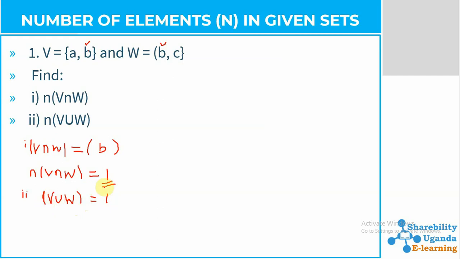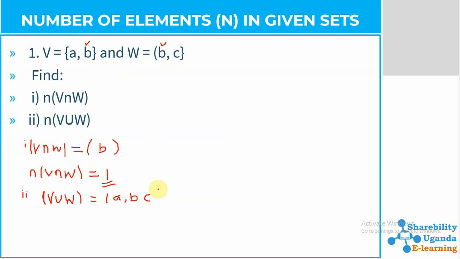Here we have A union B. We have our A, we have a B. Remember we have B here and also B here, so we shall only write it once, and then proceed to the next step.